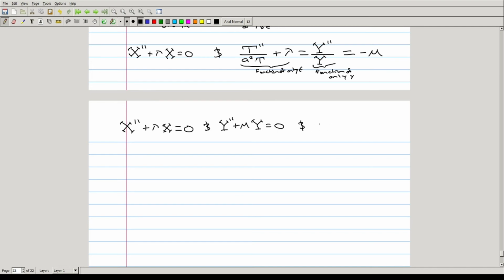And t prime prime plus a squared (lambda plus mu) times t has to be equal to 0.